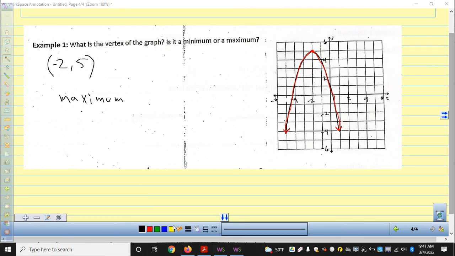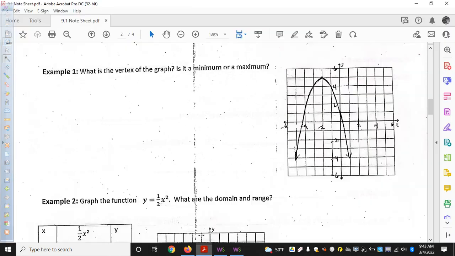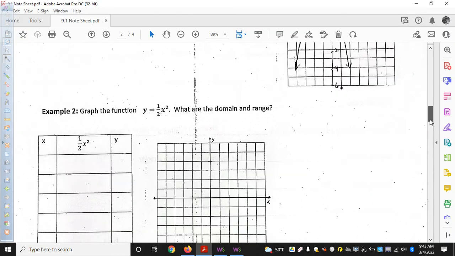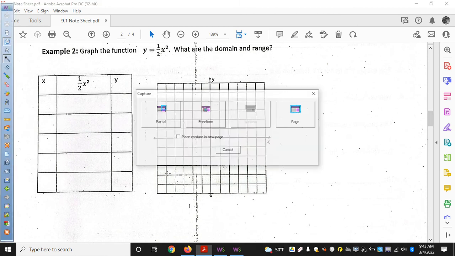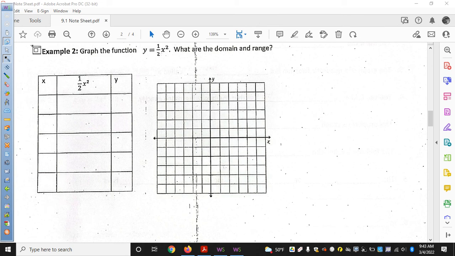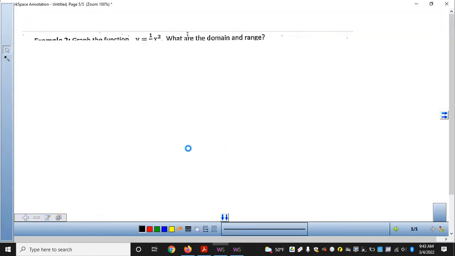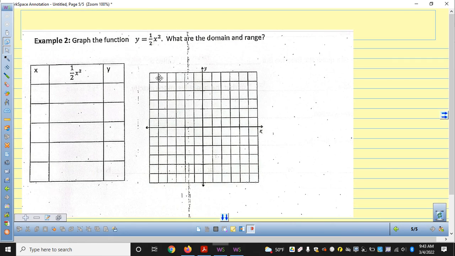All right, let's look at another example. Next we're going to construct a graph of the function. This is what most of your homework is like, making graphs of these quadratic functions. There might be some questions about the vertex, whether the parabola opens up or opens down.